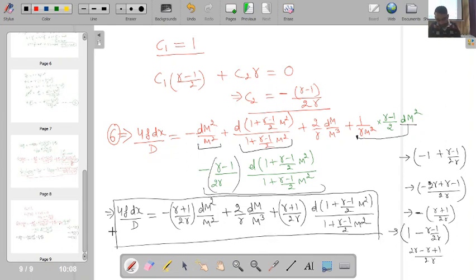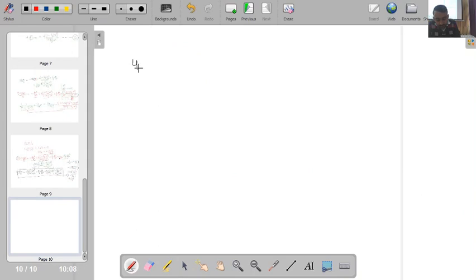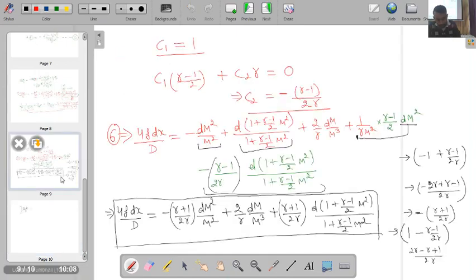So for the effect on the complete pipe, we have seen that our length of pipe is from 0 to L. So I can write 4f dx by D, and integration of this from 0 to L, this will be equal to integration of the entire right hand side from, what will be the limits of integration? Tell me.